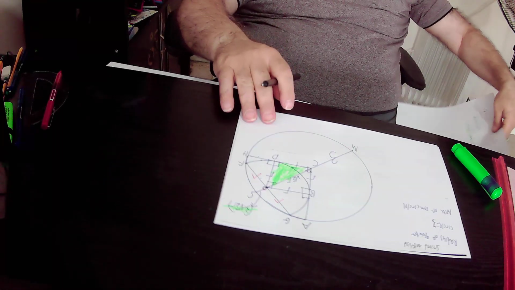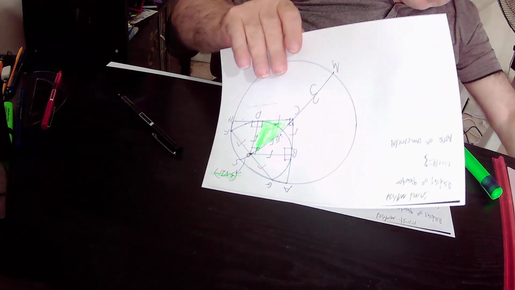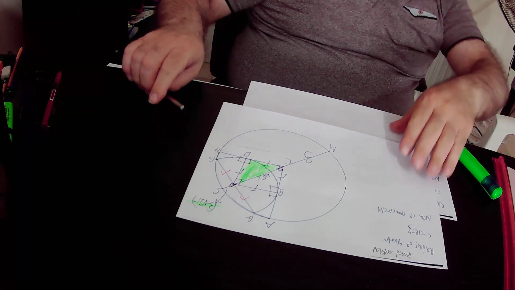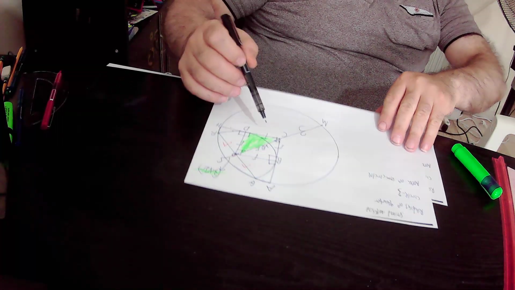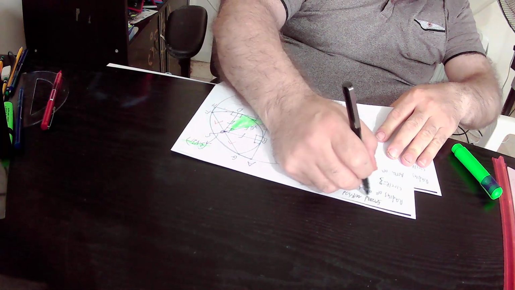We finished with the first method. In the next step, I will present to you how to find the area of this semicircle according to the second method.